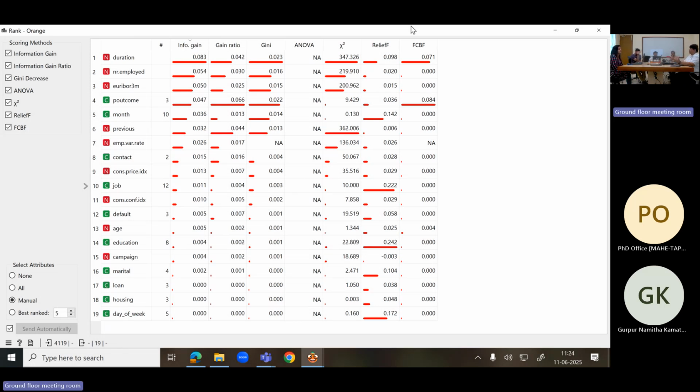Okay, let me put it in a very simple example. Let's say there are 100 people who went to a theater to watch a comedy movie, right? Among those 100 people, there were say 50 male and 50 female, right?